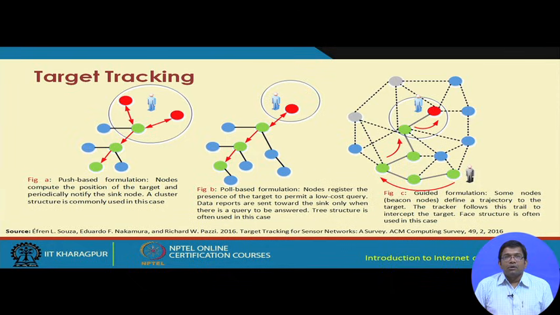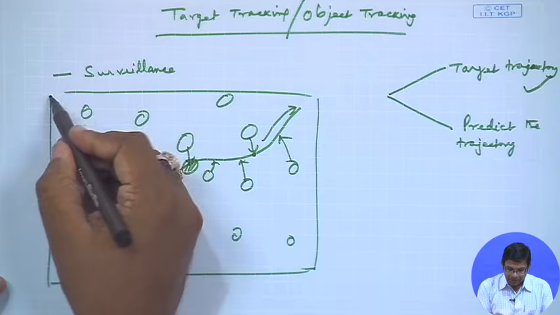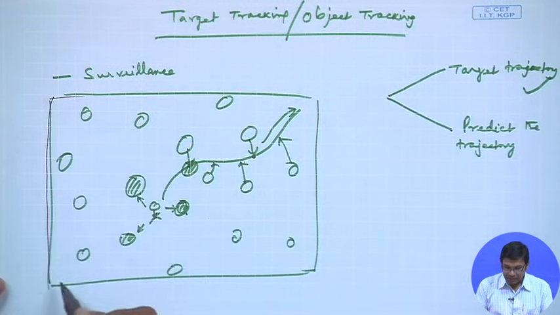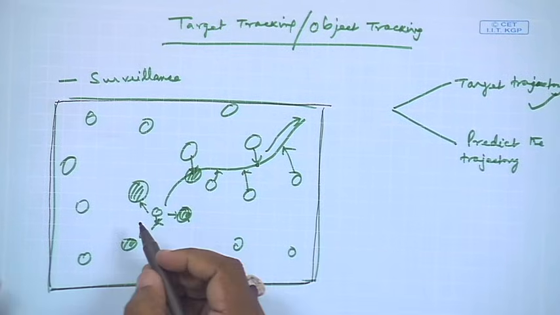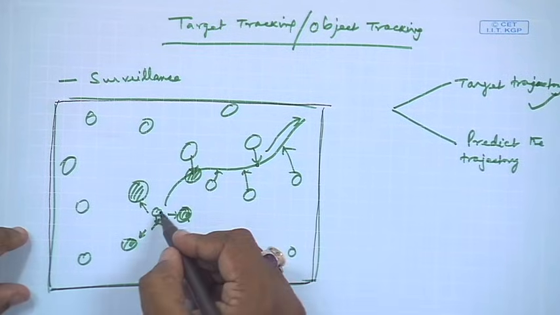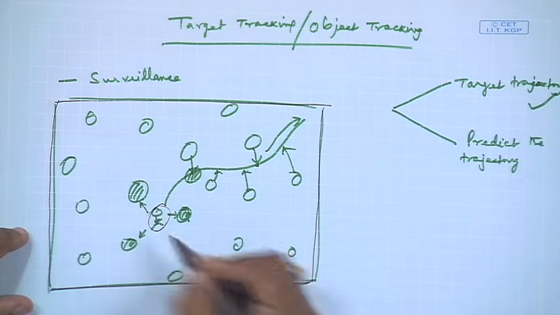So, let us say we have, going back, a terrain like this. In this particular terrain, in the previous example, I had considered that there is a single target or single object, this human.